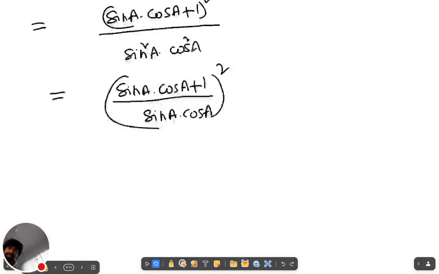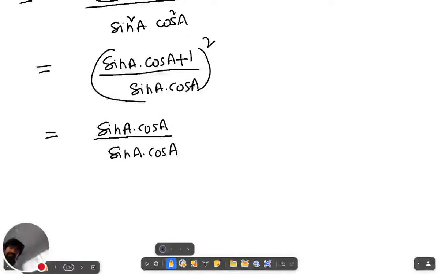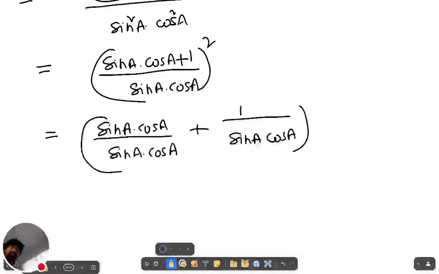So now separate the denominator here. That means sin A cos A by sin A cos A plus 1 by sin A cos A whole square.